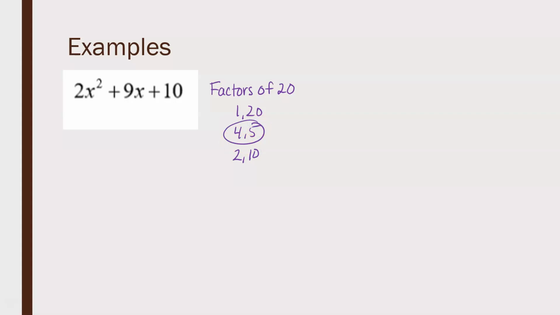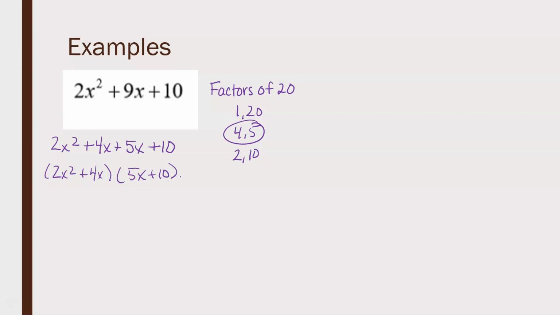So I'm going to take 2x squared, split up my 9x into 4x and 5x. Now let's see if we can find a group that works here. Oh, I'm just going to leave it as it is. So I'm going to take 2x squared plus 4x and 5x plus 10.